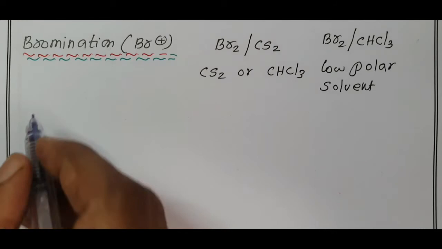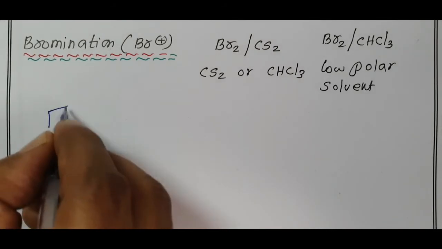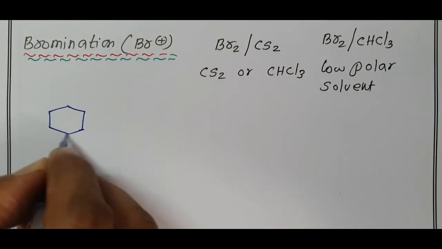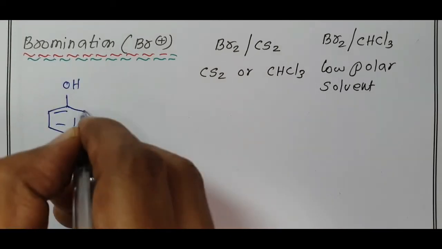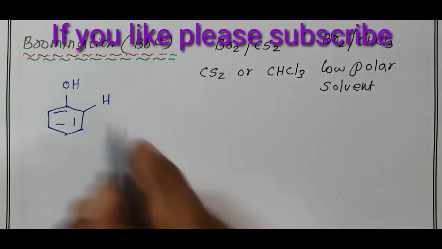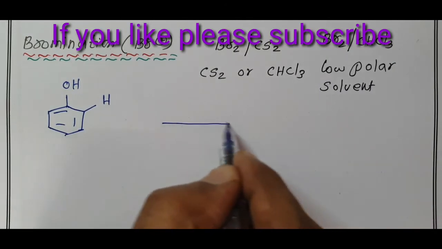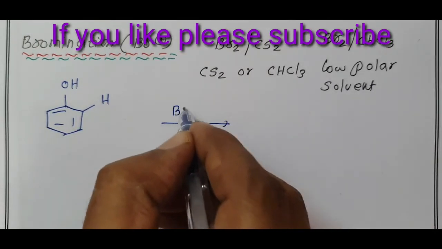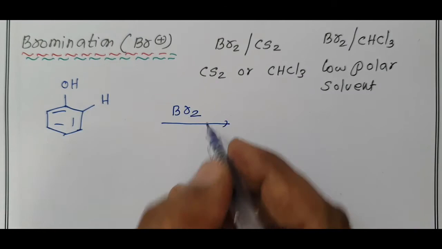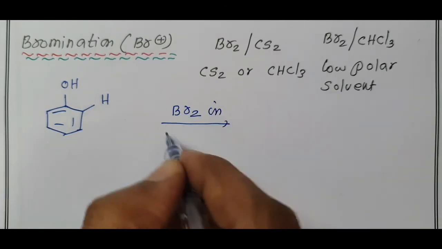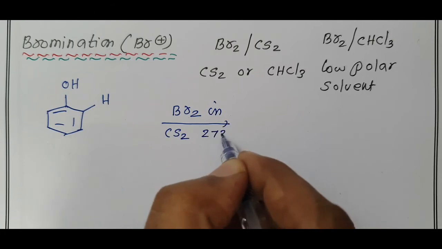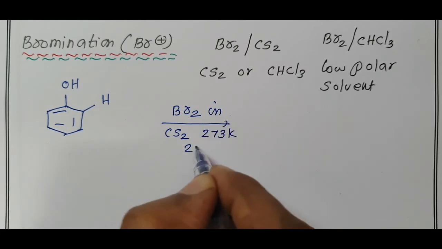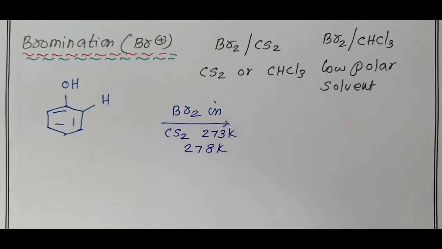Monobromophenol. Phenol, C6H5OH. Now I separate the ortho hydrogen first. The reaction takes place in the presence of Br2 in the solvent carbon disulfide at 273 Kelvin or 278 Kelvin. Both are the same.